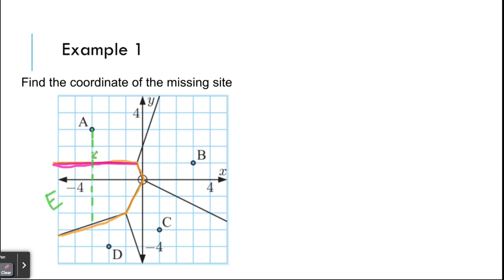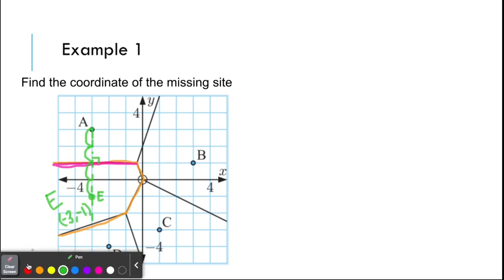And since we need to have a perpendicular line between each site, I can see that from A to the perpendicular bisector, we're going down 2. And this distance needs to be the same on the other side. It's like a mirror image. So that means my point E is going to have to be this coordinate, which is -3, -1.